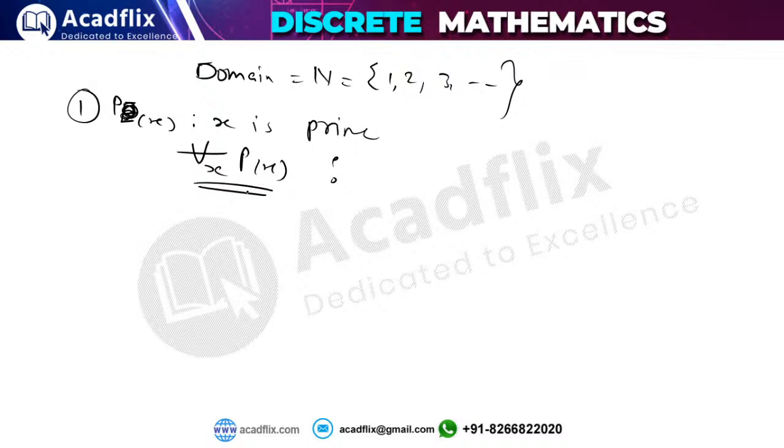Remember, the for all quantifier is talking about every element in the domain. It is focusing on all the elements, and making a statement about all of them. So for all x P(x) means that for all x in the domain, P(x) is true.